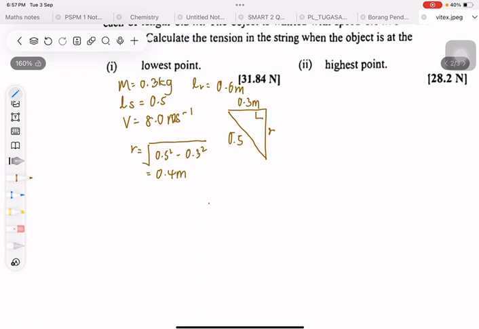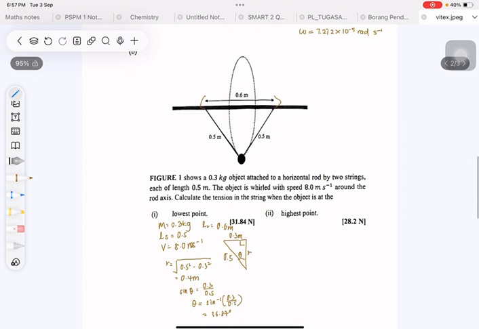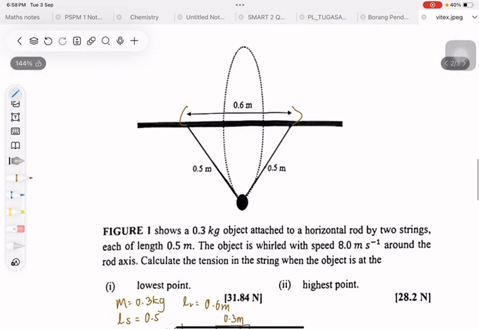After this, we need to calculate the theta here. We can use the trigonometric method: sine theta is equal to 0.3 over 0.5, so theta is equal to sine inverse of 0.3 divided by 0.5, and we get 36.87 degrees. After this, I would like to draw a free body diagram to make my explanation clearer. When the object is at the lowest point, we get a free body diagram like this.